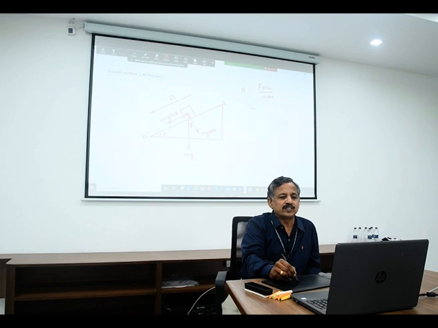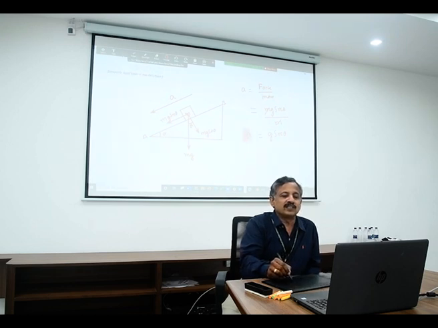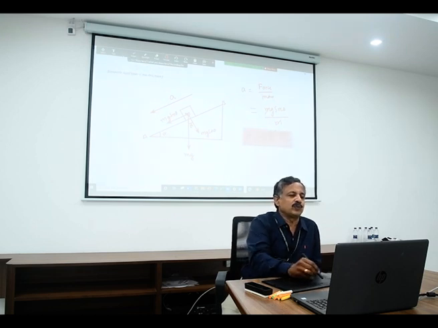Now what is the force that is acting on it? mg sin theta. And what is the mass of the object? m. Cancelling these two, the acceleration responsible for motion is g sin theta. That's it.